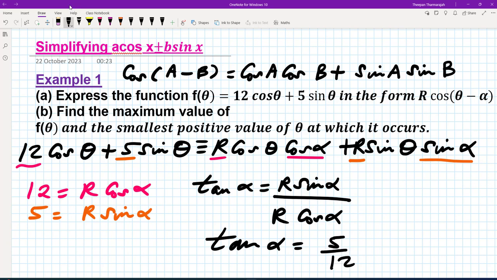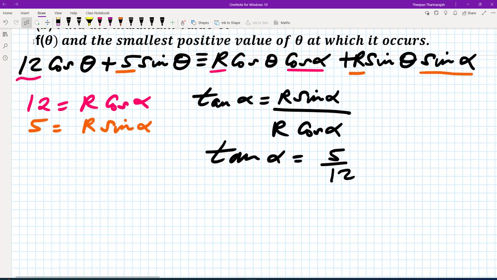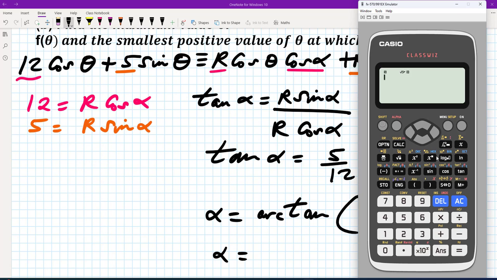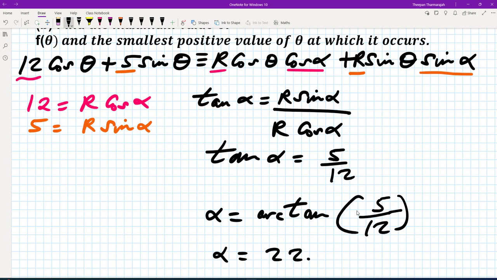So we can find alpha by doing arctan 5 over 12, which is 22.6 degrees to 1 decimal place.